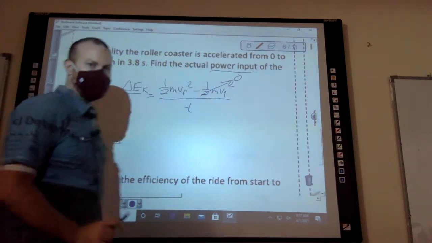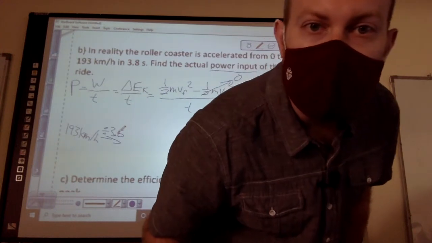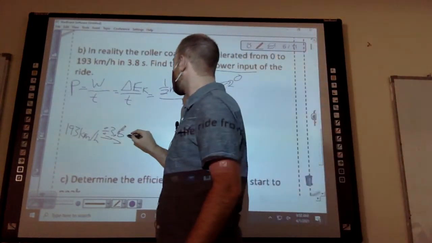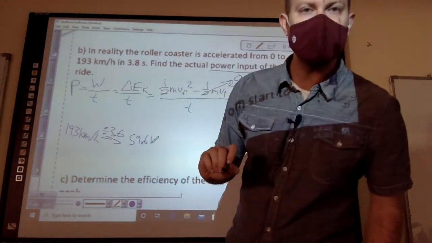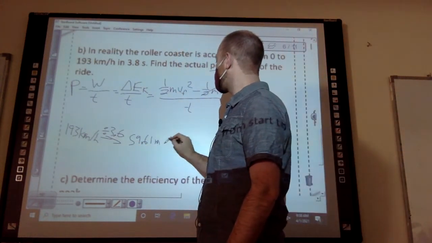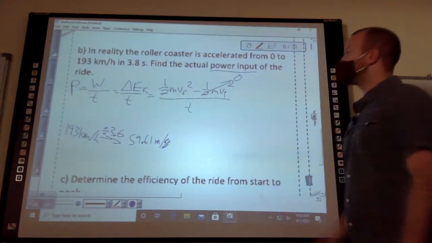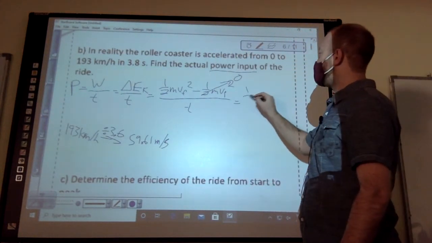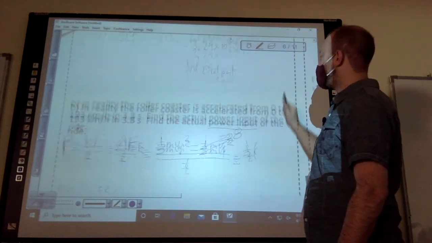Meters per second should always be smaller. So 50, I think that's 9.61, yep, meters per second. So we have everything. We can plug that in. A half times the mass, that was 2,800, right? Yep.